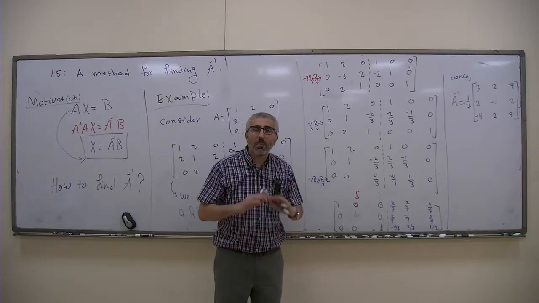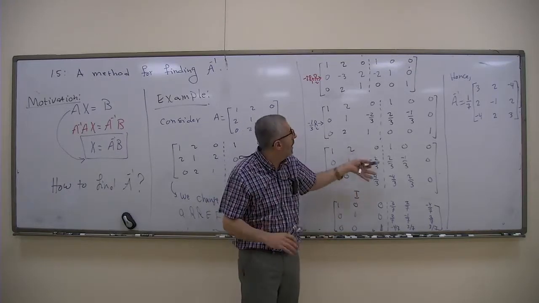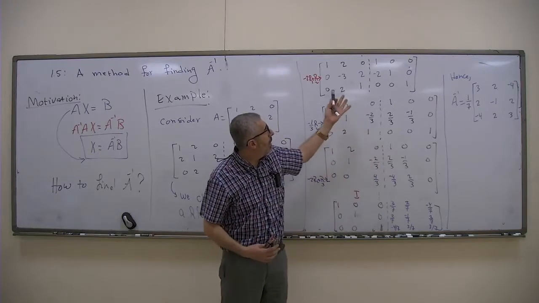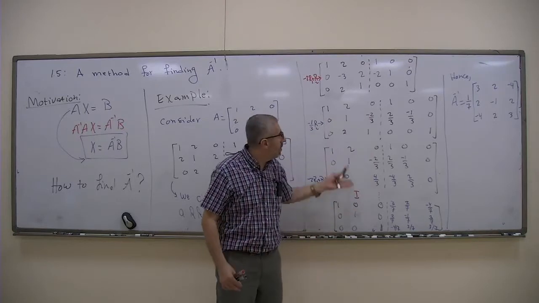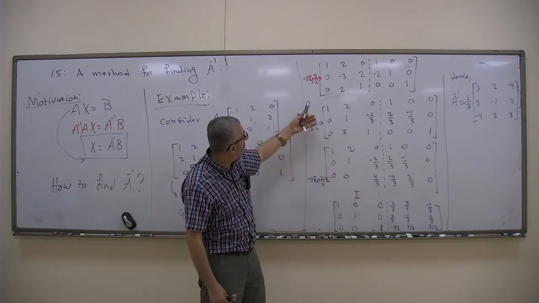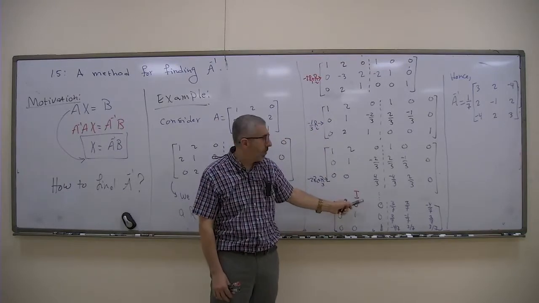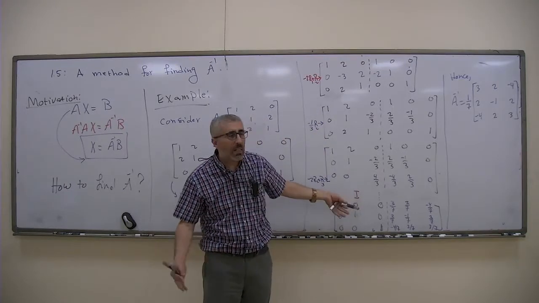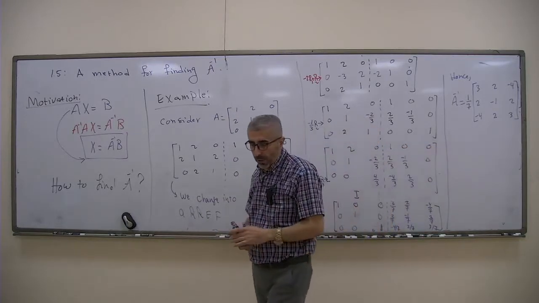I mean, we can use the computer to do that, and I'll show you how to do this using the computer in no time, okay? But for 3x3 matrices, 4x4 matrices with nice numbers, you should be able to do it by hand. It will be a few steps. So here, how many steps did I do? 1, 2, 3, 4, and here I skipped 3 more steps. So 7 steps will help you to find the inverse of your matrix.